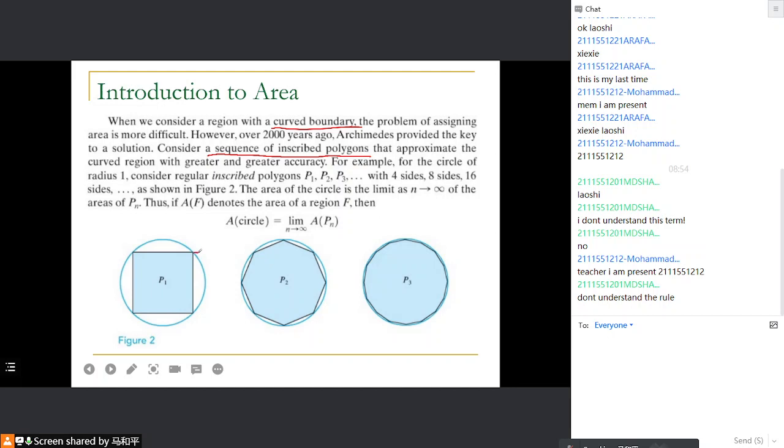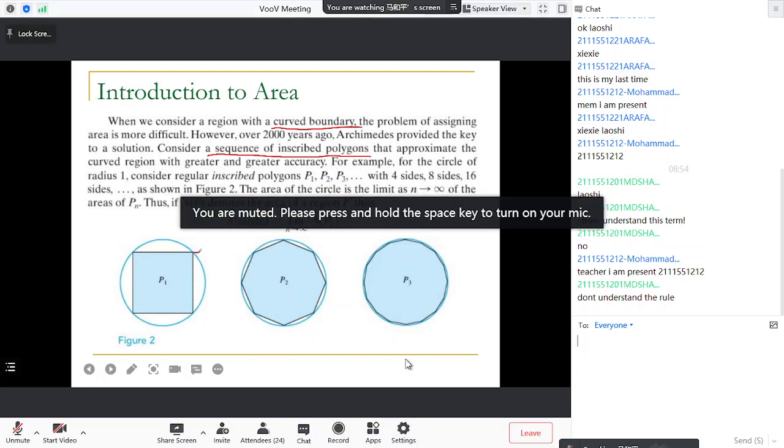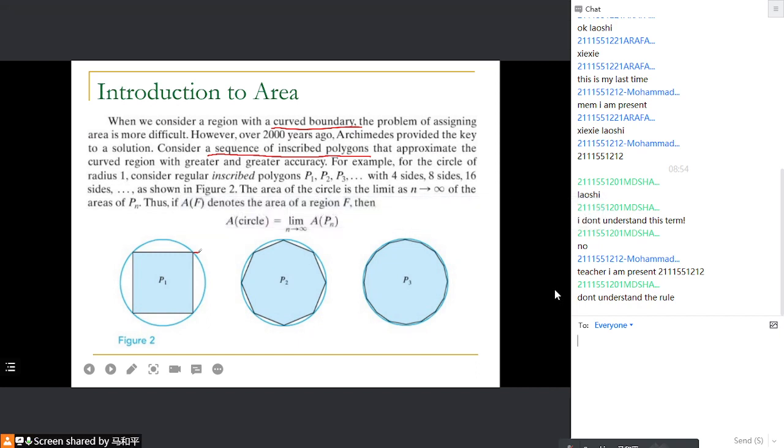We can use this polygon to approximate the area of this circle, and as the number of sides increases, we use the area of the second polygon, here P2, to approximate the area of this region. For the circle we consider regular inscribed polygons with 4 sides, 8 sides, 16 sides.